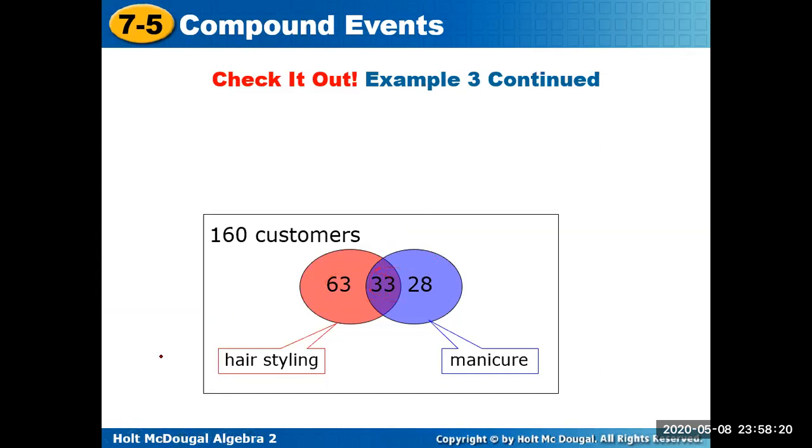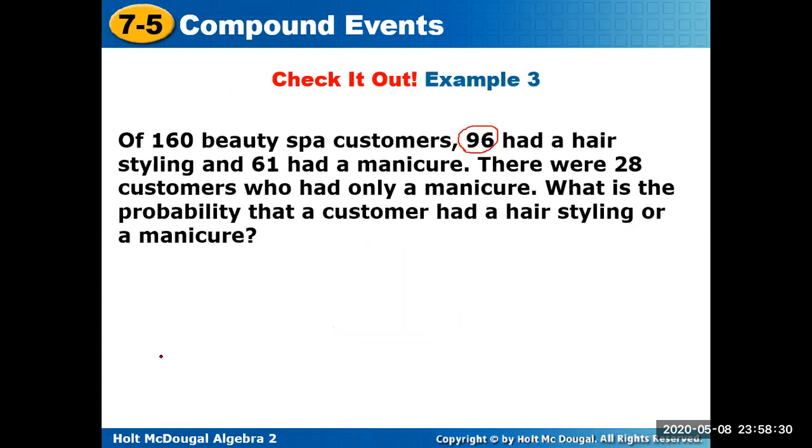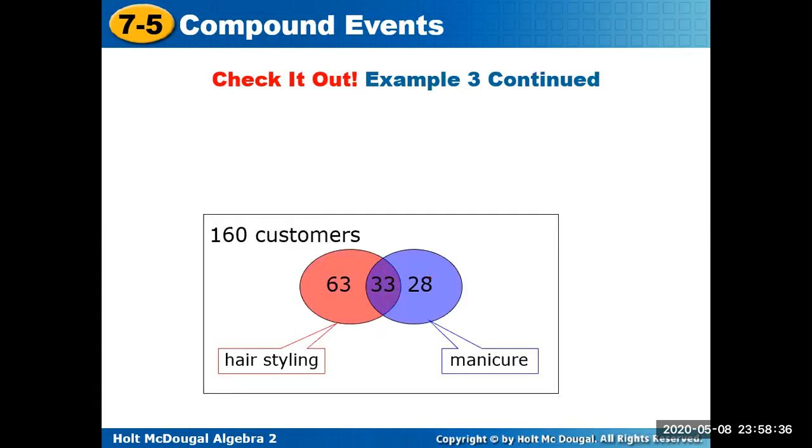Now, the question is asking the customers who did hairstyling or manicure. That means probability that a customer had a hairstyling or a manicure. Just by looking at the Venn diagram, I can simply say it's all this whole area divided by the total.